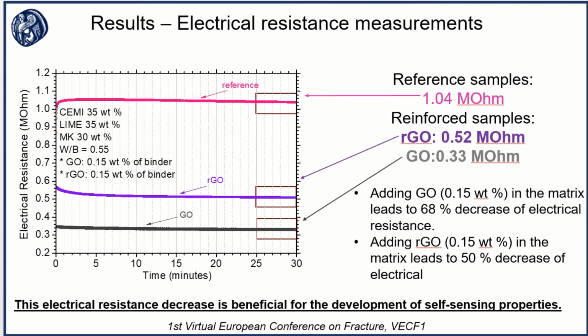By adding GO in the matrix, a decrease of the electrical resistance by approximately 68% was noticed, while regarding the RGO, the respective decrease was about 50%. This electrical resistance decrease is beneficial for the development of self-sensing properties.